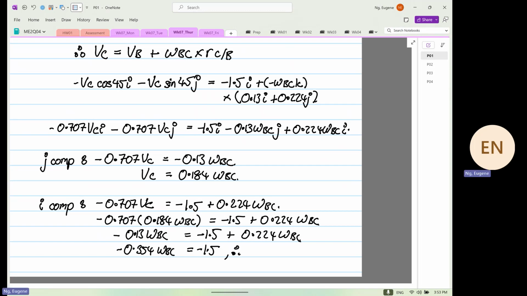So therefore, omega BC is equal to 1.5 divided by 0.354, which is 4.237.